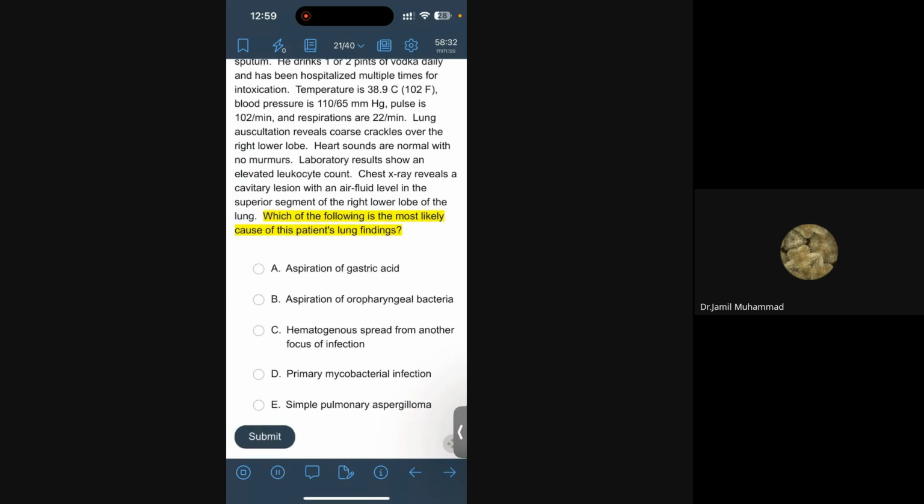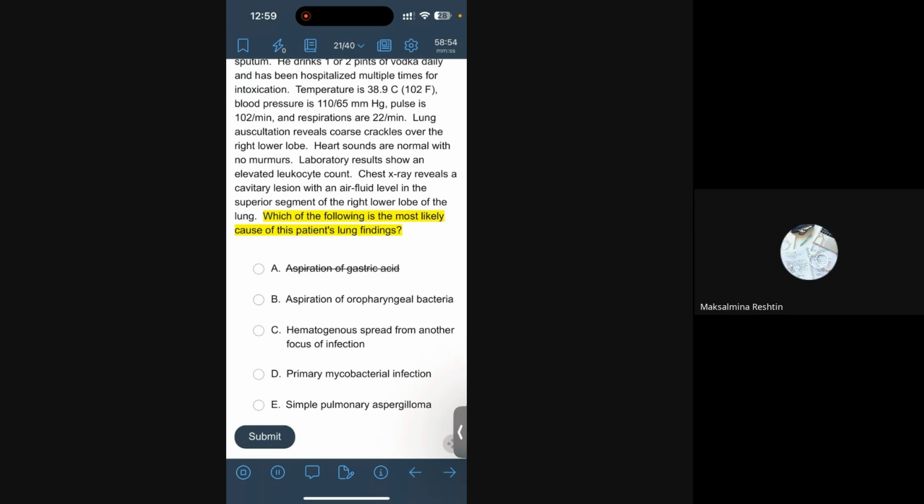So you have to tell me: is it aspiration pneumonia or aspiration pneumonitis? It is pneumonia. The cause of aspiration pneumonitis is aspiration of gastric acid.